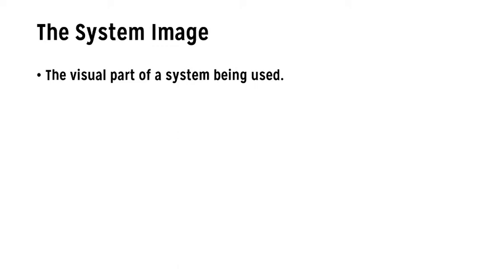The system image is the visual part of the system being used. So if it's incomplete, if you're missing something, or if it's confusing, then the system image is bad and the user is not able to interact with the website or the item or whatever you have in the way that they should. Let's look at this example.